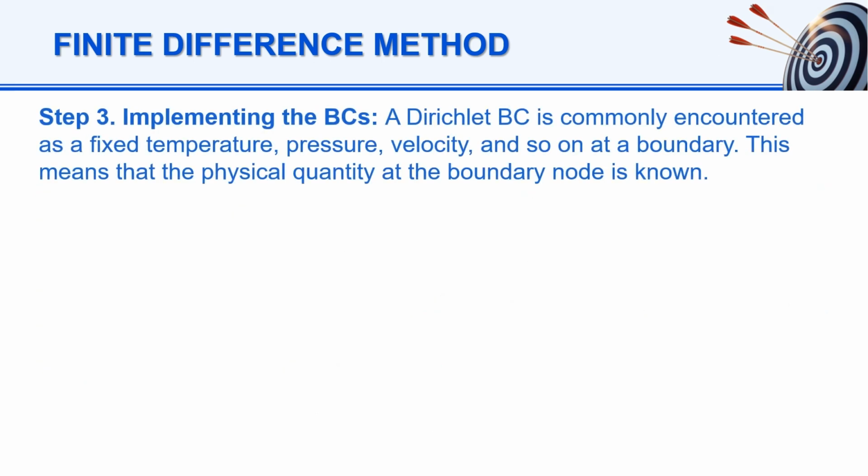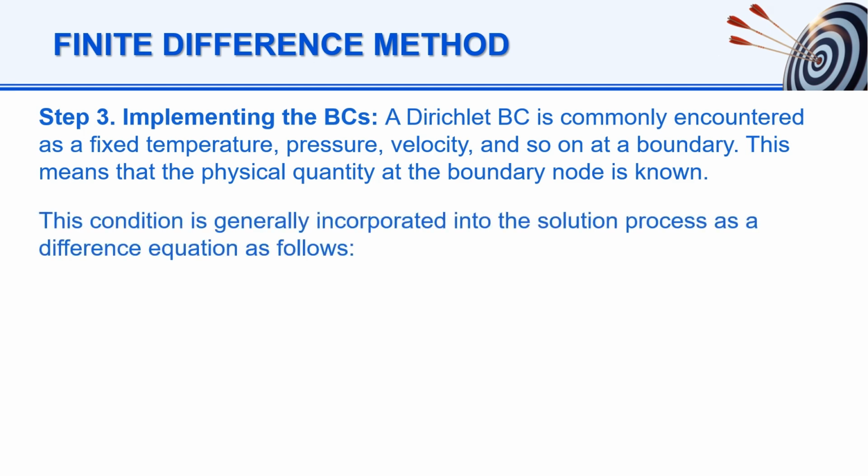Step 3. Implementing the boundary conditions. A Dirichlet boundary condition is commonly encountered as a fixed temperature, pressure, velocity, and so on at a boundary. This means that the physical quantity at the boundary node is known. This condition is generally incorporated into the solution process as a difference equation as follows.